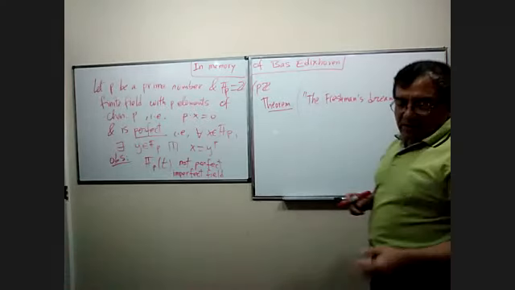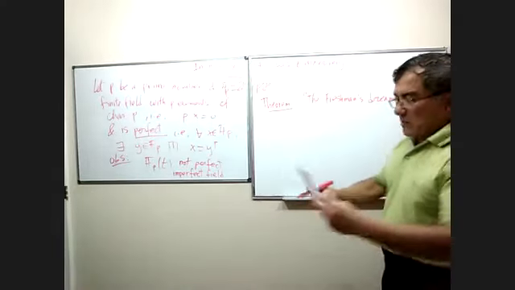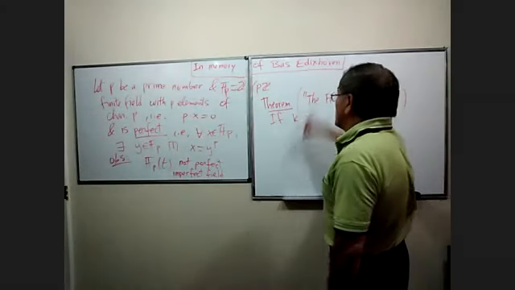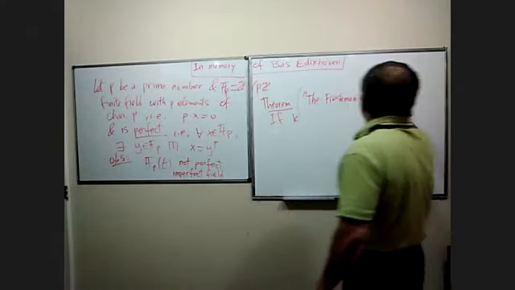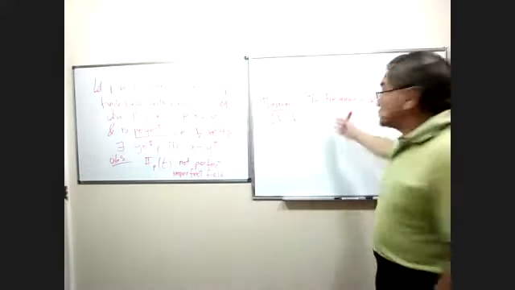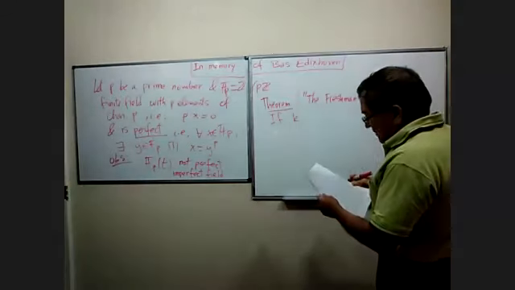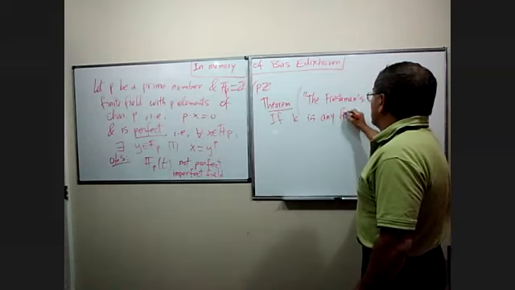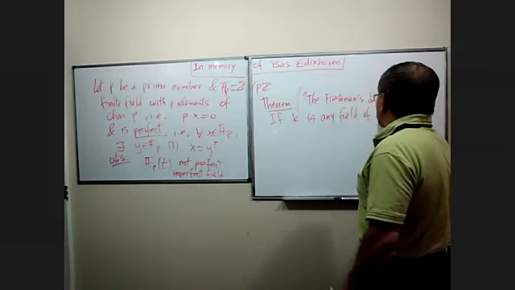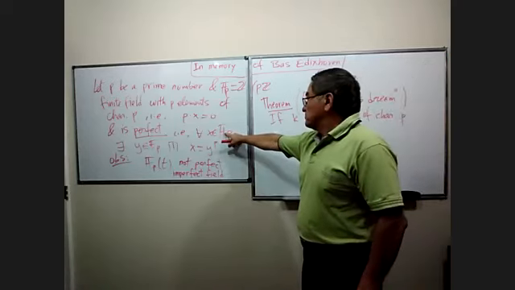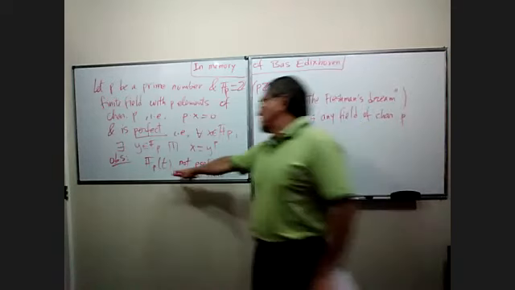The freshman's dream. And what does this theorem say? You'll see why it's a dream of the first year student, like an engineering student or a biology student or a medicine student.